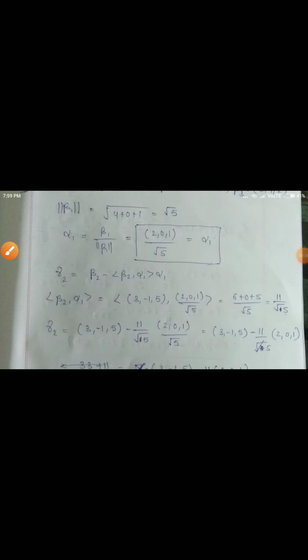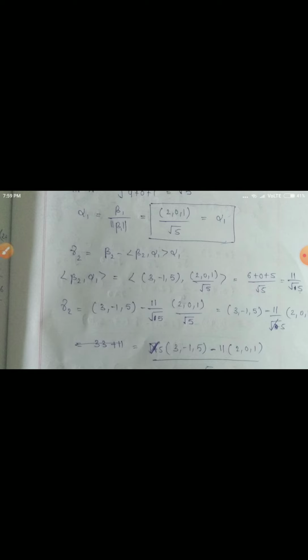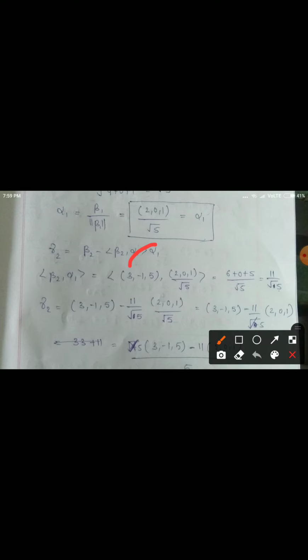On further simplification, this is 3 into 2 is 6, minus 1 into 0 is 0, 5 into 1 is 5. So 6 plus 5, 11 by root 5.